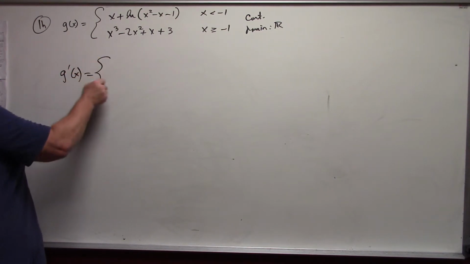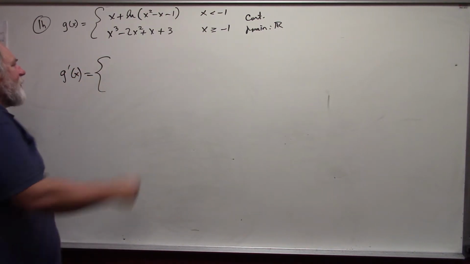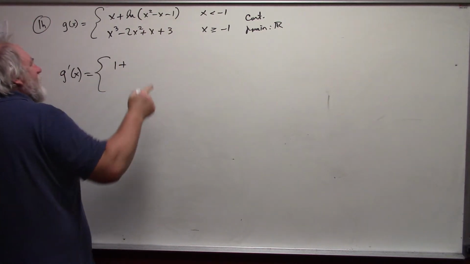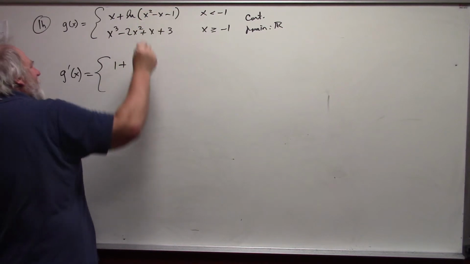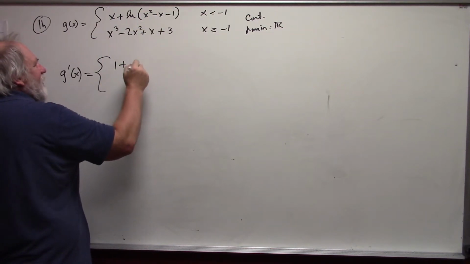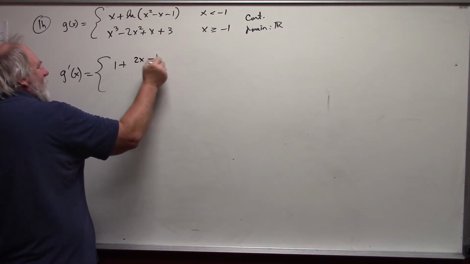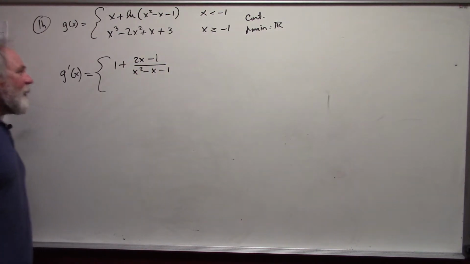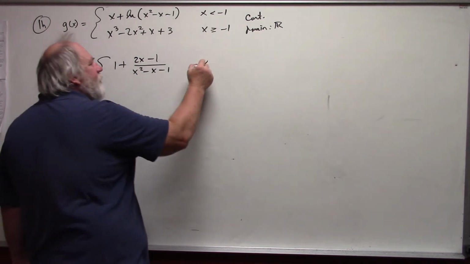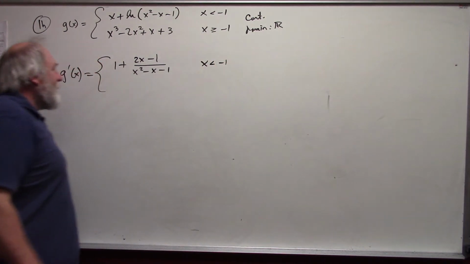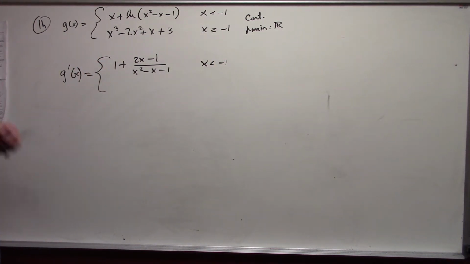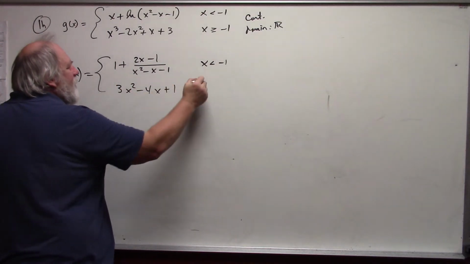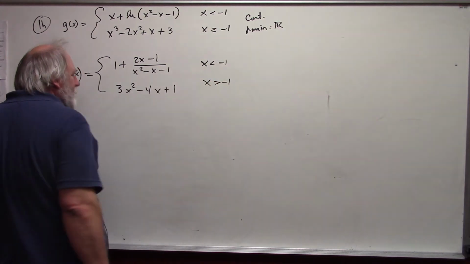My derivative is also going to be piecewise defined. 1 plus the derivative of the natural log, which is 1 over what's on the inside times the derivative of the inside. So that gives me 2x minus 1 over x squared minus x minus 1 for x less than negative 1. And the derivative of this bottom part, 3x squared minus 4x plus 1 for x greater than negative 1.